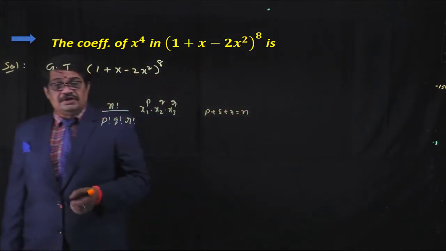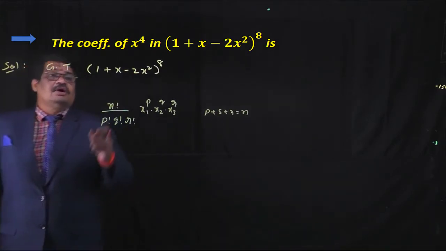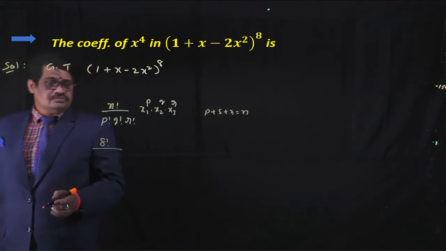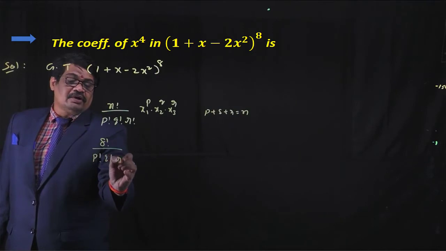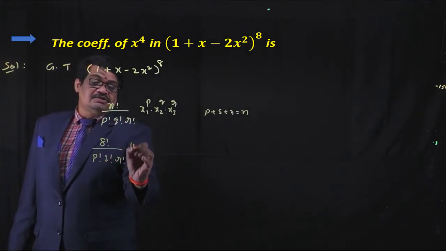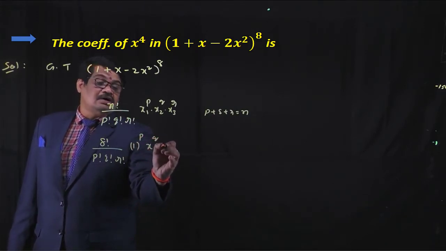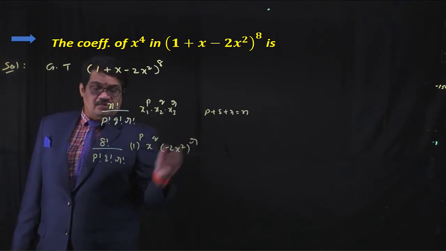This is the general term for the trinomial expression. Now we write 8 factorial by p factorial q factorial r factorial, where the first term is 1 to the power of p, the second term x to the power of q, and the third term (-2x²) to the power of r.